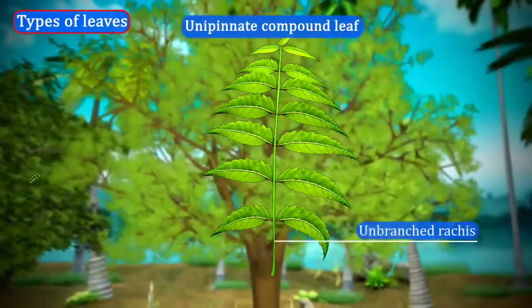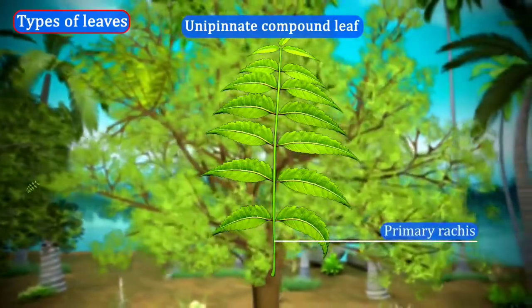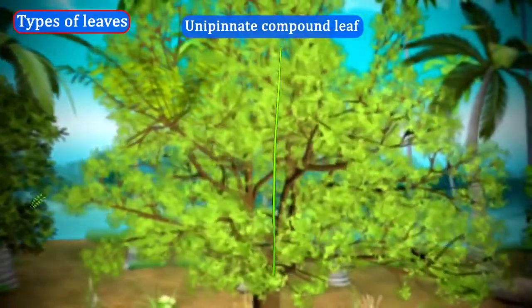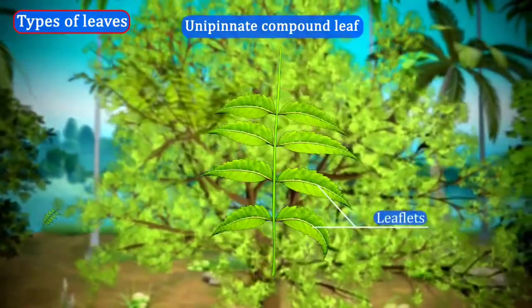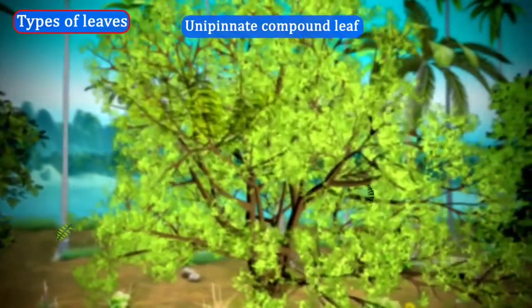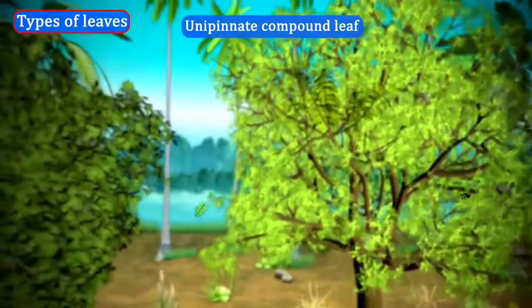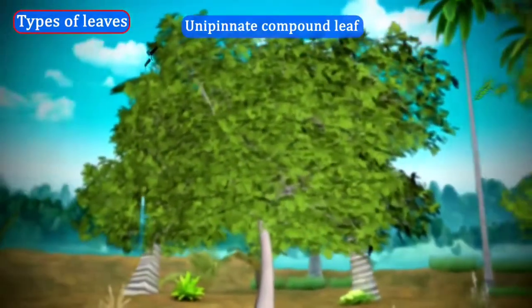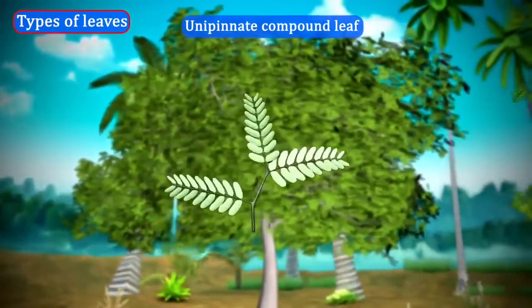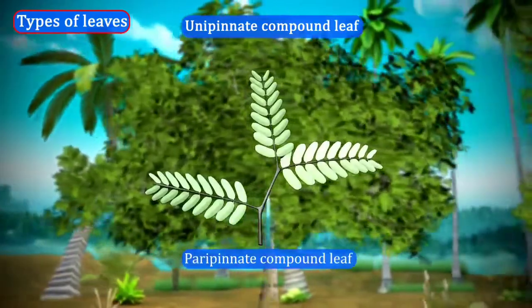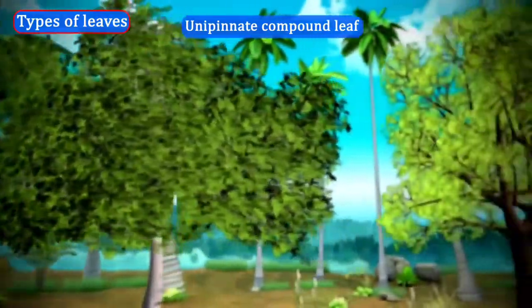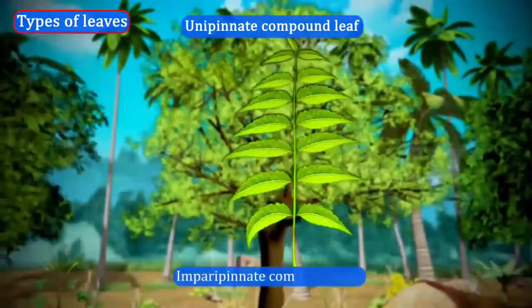Rachis is unbranched and is called a primary rachis. Leaflets are borne directly on the primary rachis. Unipinnate compound leaves are classified into two types. They are paripinnate compound leaves and imparipinnate compound leaves.